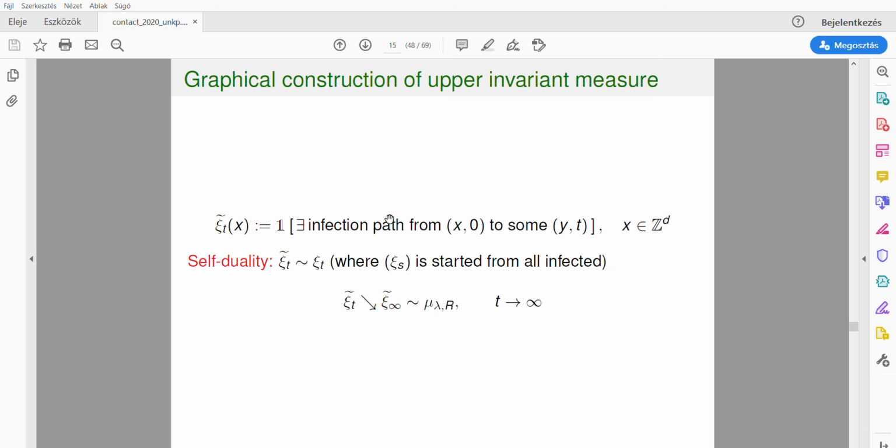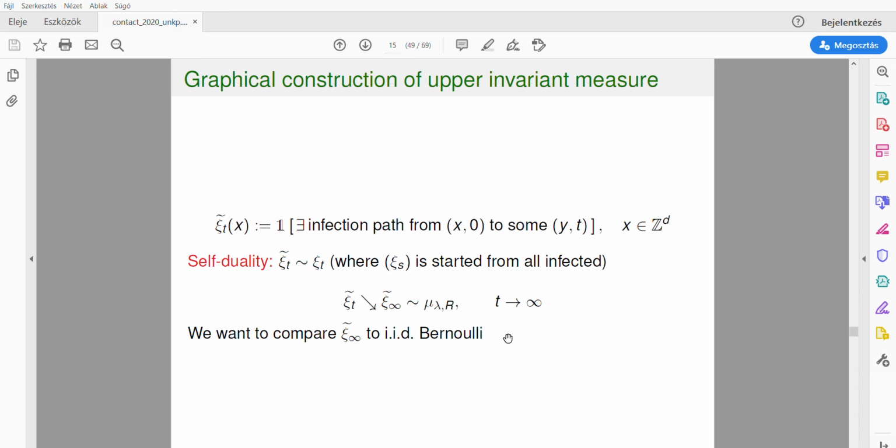So if you look at the graphical construction, then the set of those sites at time 0 from which there is an infection path that goes up to infinity, this set of sites have the same distribution as the upper invariant measure. So this is a fun fact. This is a very nice hands-on graphical construction of the upper invariant measure.